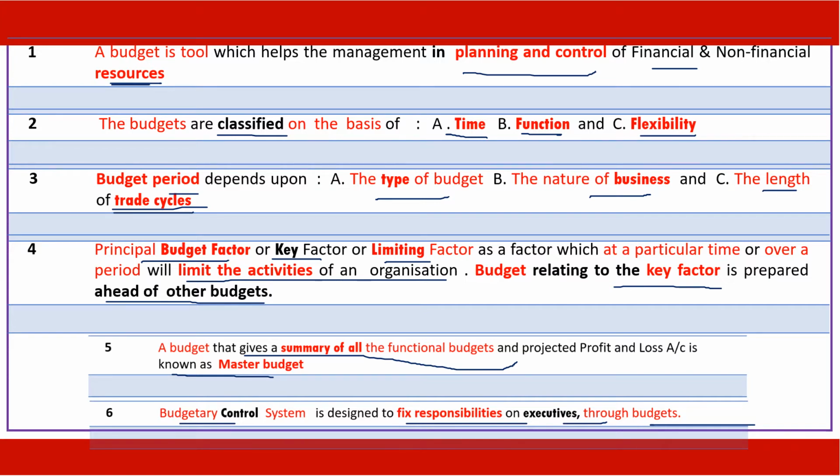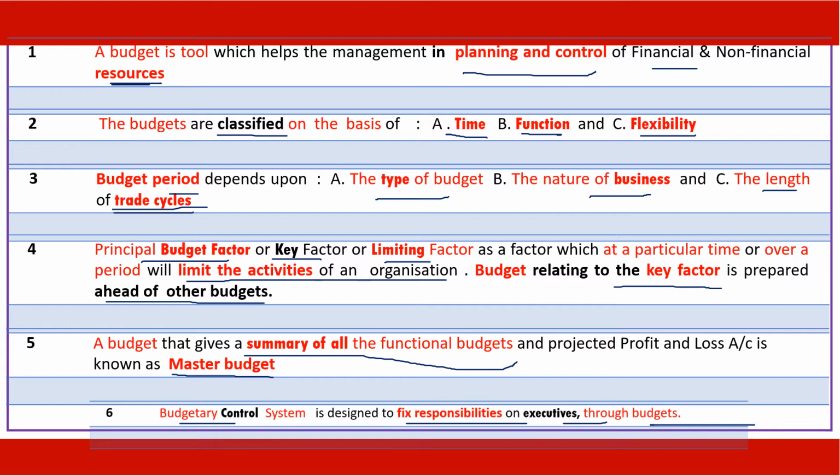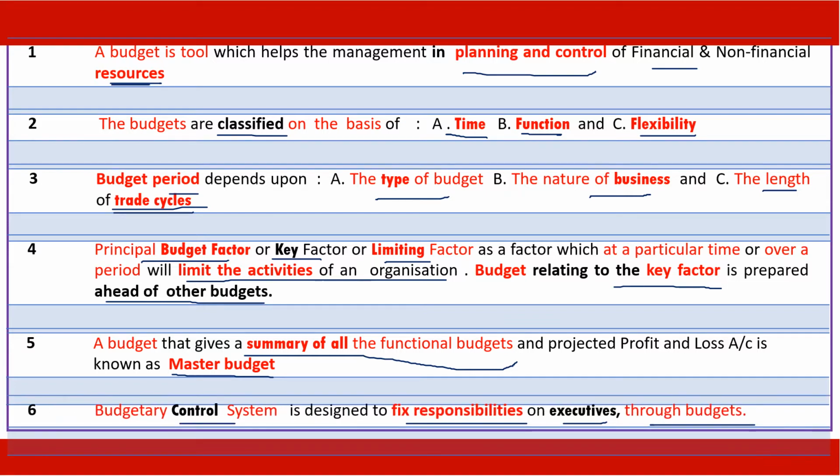Budget relating to key factor is prepared as the first priority ahead of other budgets. A budget that gives summary of all functional budgets and profit and loss account is called the master budget. Budgetary control system aims to fix responsibilities on executives by having individual budgets for delivery from them.